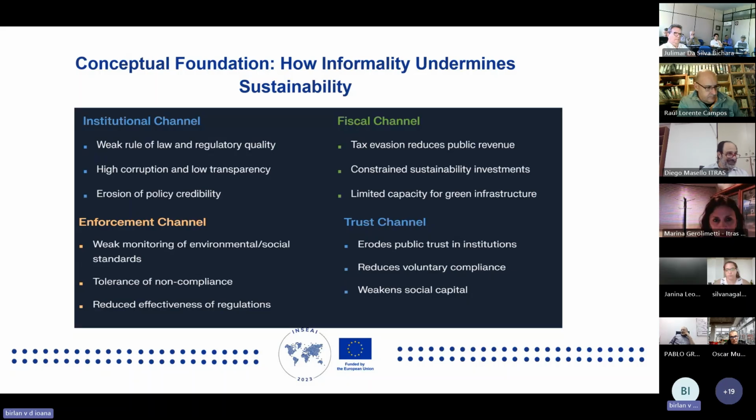For the conceptual foundation, as I was saying, there is a clear literature gap. The ESG framework already has about 30 years of research, and in 30 years of research, it has been linked to governance structures.